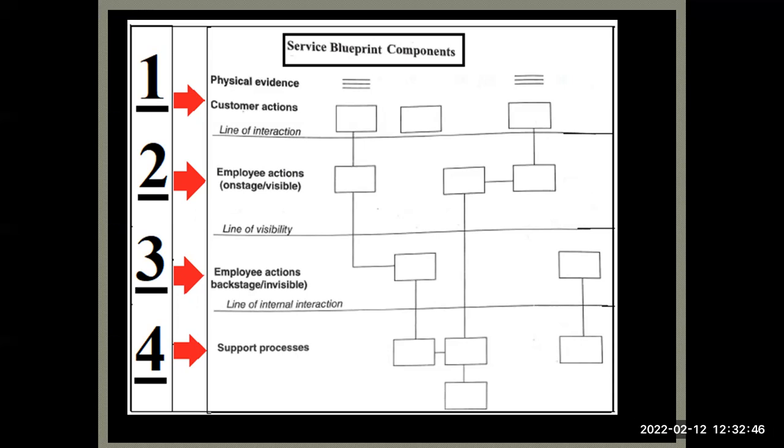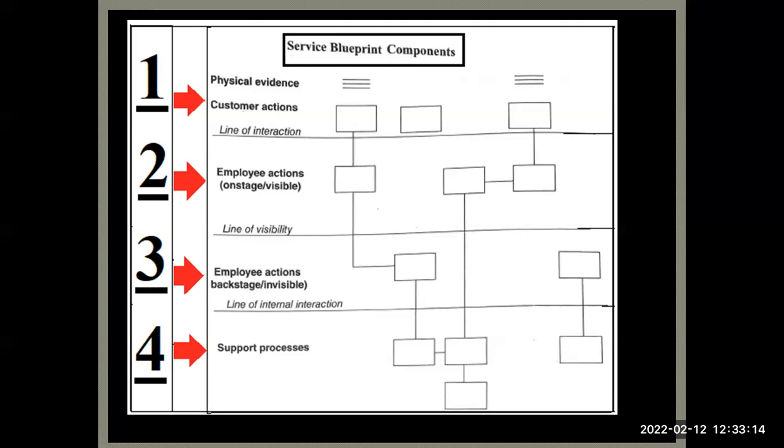And in the fourth row we have support processes like the registration system, the kitchen, various software, or maybe some approvals you might want to take from the government to perform that particular service. So accordingly we have three lines to make four rows. The first line is the line of interaction, which is between customer action and visible employee action.